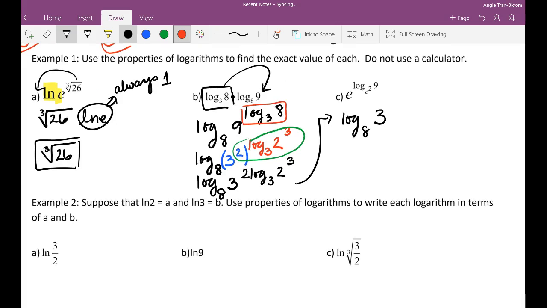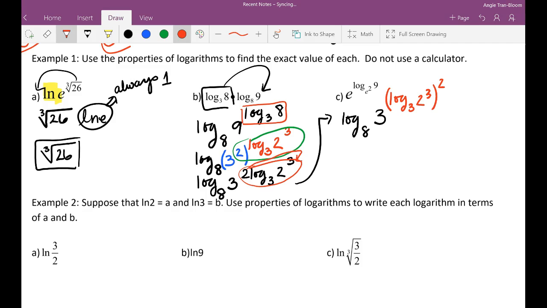See this right here? I'm going to use this as a color right here. I'm going to work with this. So see how that's 2 times? I'm going to rewrite it as log base 3 of 2 to the third, to the square. Can you see it? So I'm moving this right here back up here.